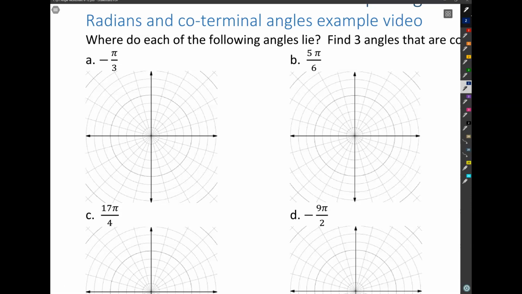Okay, so first one is asking us to draw in standard position the angle negative pi over 3. So what I would say always is our starting point, just like with degrees, knowing there's 360 degrees in a rotation.